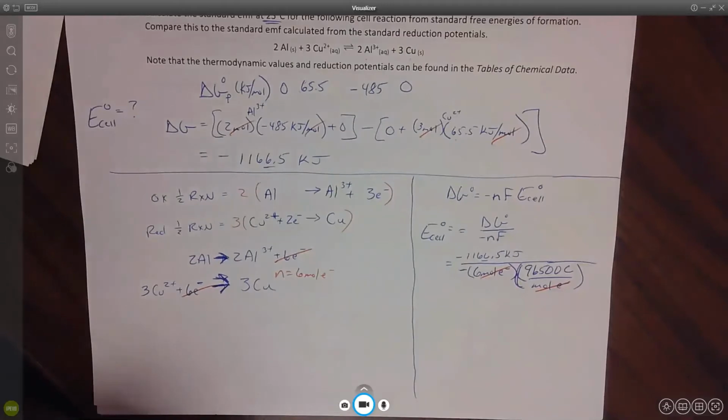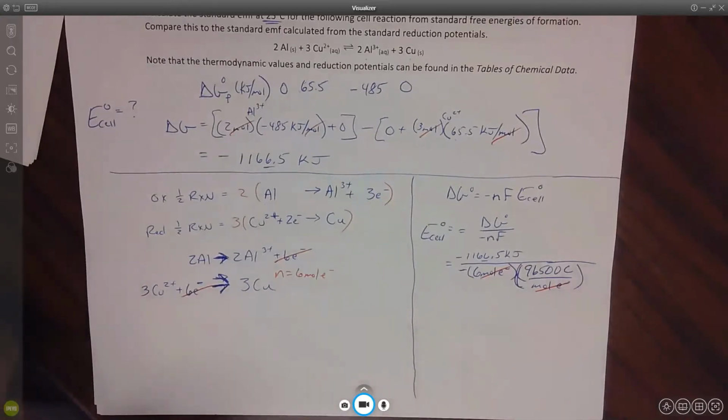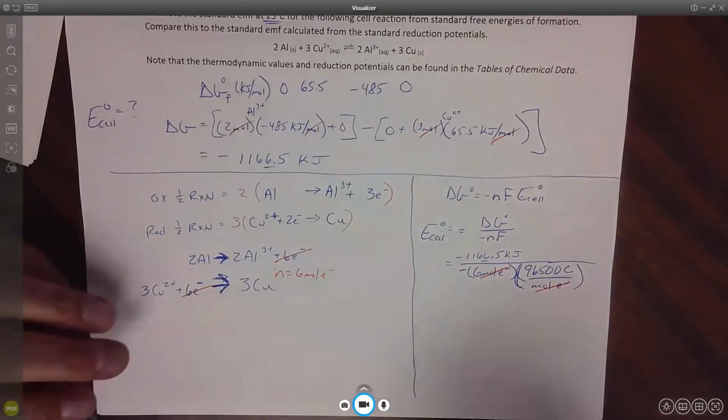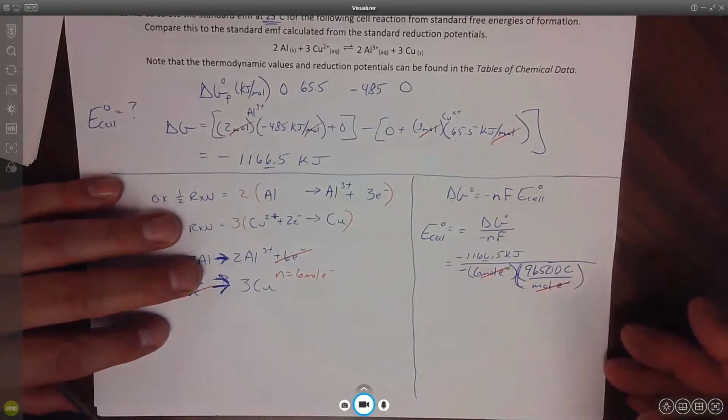Can you think of any relationship with volts and either joules or coulombs? Well, remember, 1 joule is 1 coulomb volt.